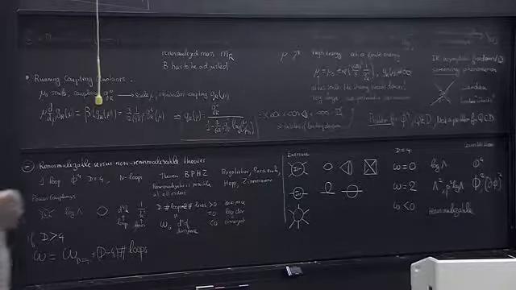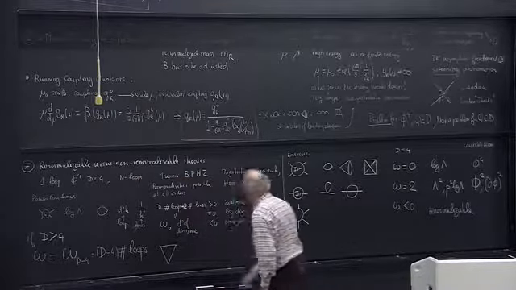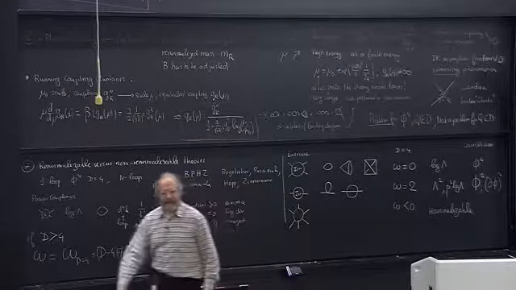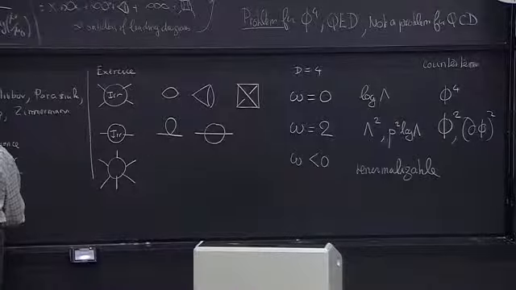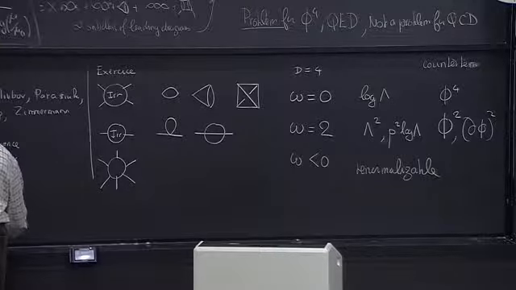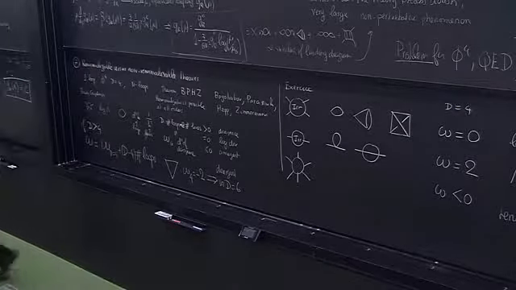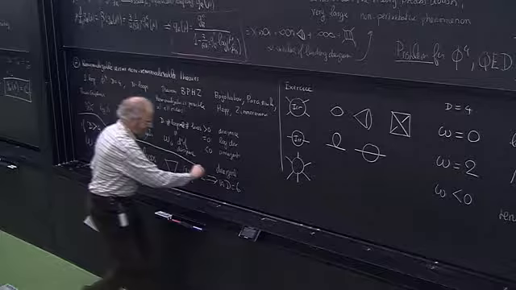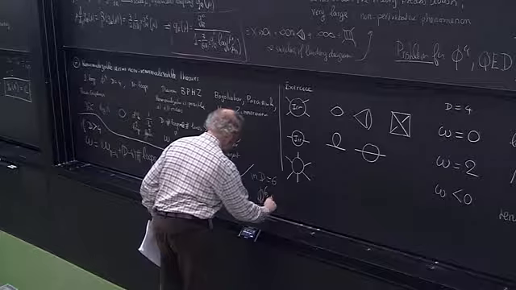So a diagram which was convergent in 4 dimensions, like for instance this diagram, which had degree omega equal minus 2, which is convergent, becomes divergent in d equals 6, because you get minus 2 plus 2 times 1. That's 1 loop. So this means that if d is larger than 4, for instance in d equals 6, you need a phi 6 counter term.